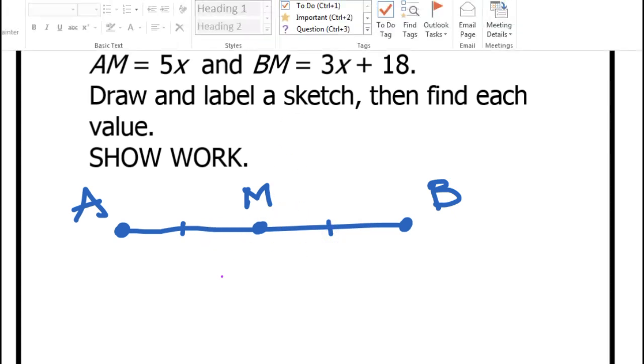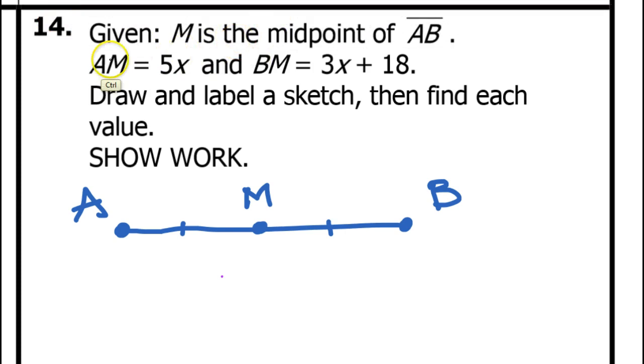Now let's break it down. So AM is 5x. So that means this distance right here is 5x. BM is 3x plus 18.